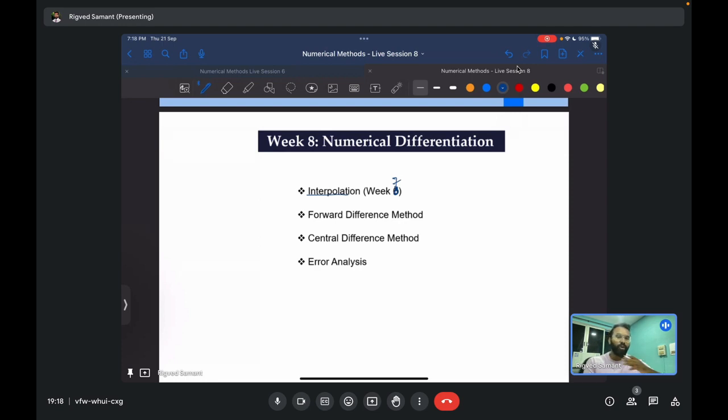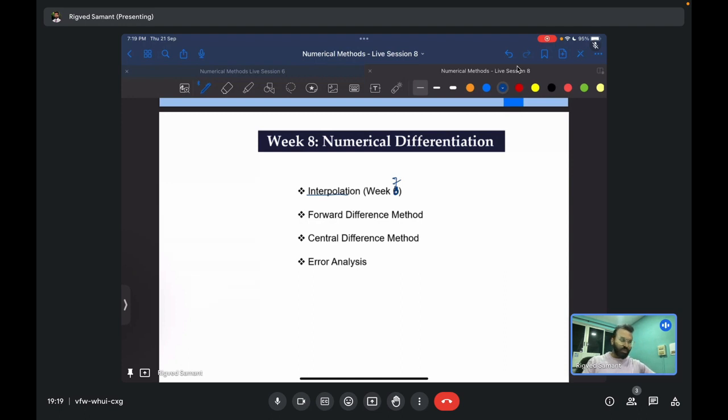Interpolation means you have some discrete data points and you want to find a function value at some point between the given data set. That is why we use interpolation. Extrapolation is also the same, the methods are basically the same, but we have not discussed that. We have moved from regression and interpolation, and now we are into numerical differentiation.